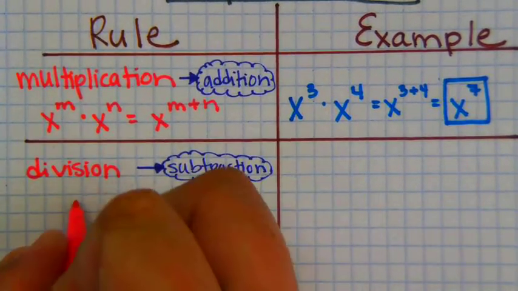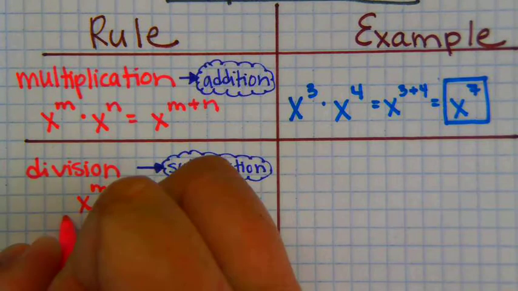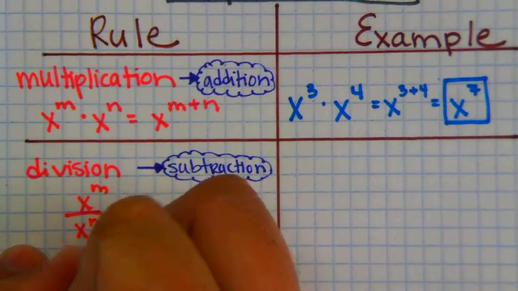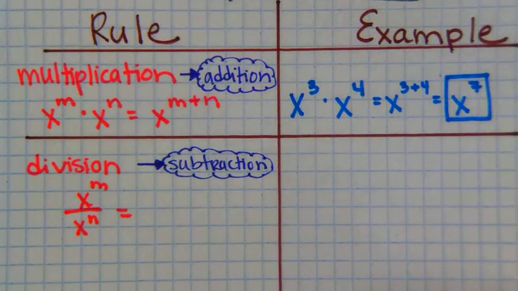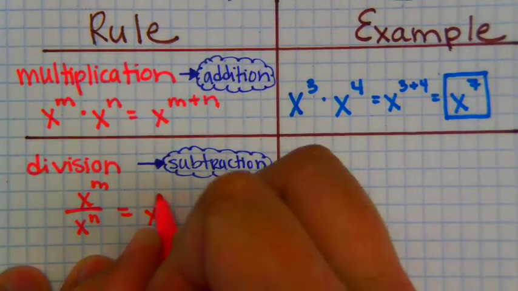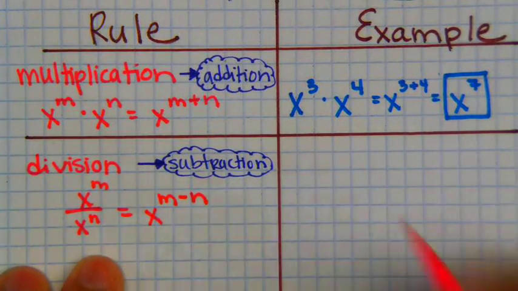So that would look like x to the m over x to the n, and you would subtract those: x to the m minus n.